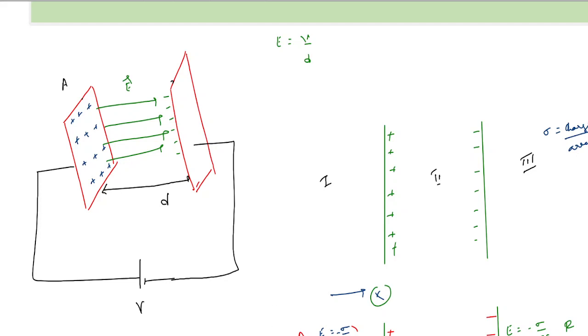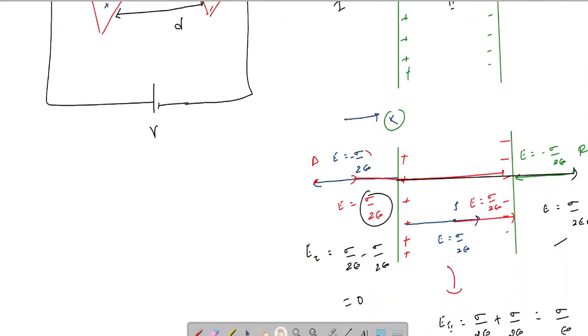So recall that we already have E is equal to V by D. So E is equal to sigma by epsilon naught.